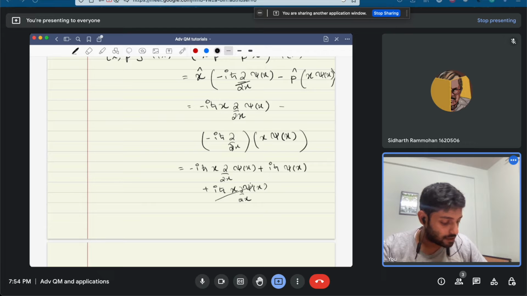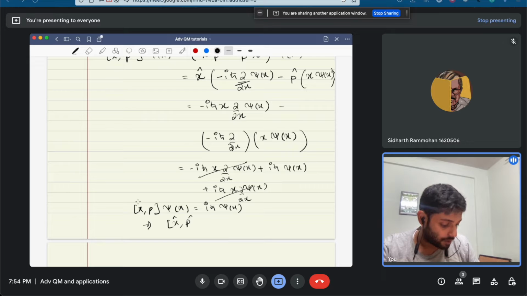Now these two get cancelled out, and what remains is [x, p] psi of x equal to i h bar psi of x. So hence we get the [x, p] operators equal to i h bar.